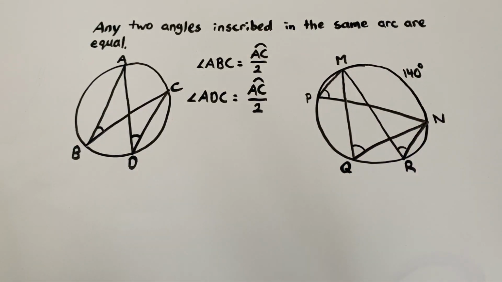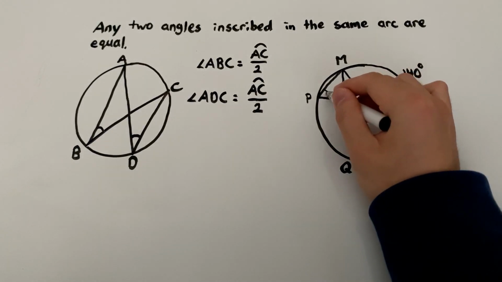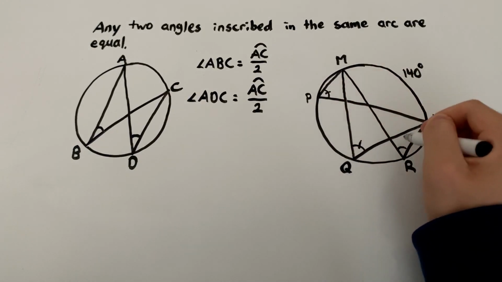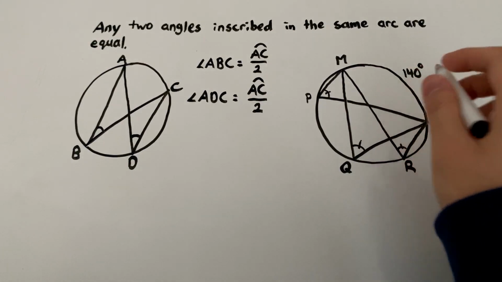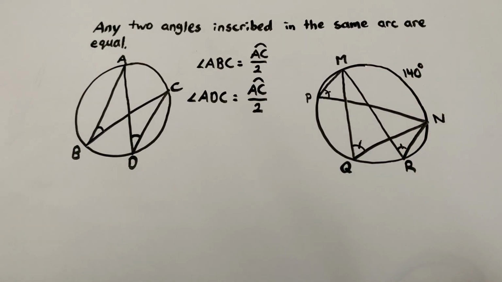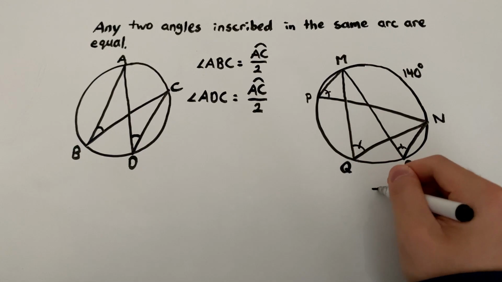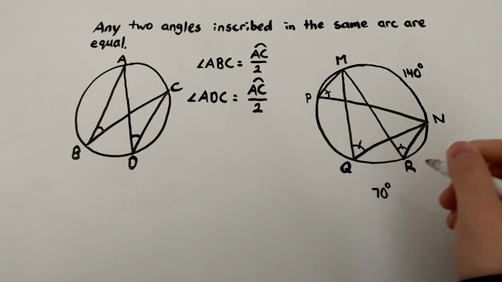Now, all of these 3 angles are inscribed in the same arc, so they are also all equal to each other. And they are all equal to arc MN over 2. We're given that arc MN is 140 degrees, so all of our angles are equal to 70 degrees.